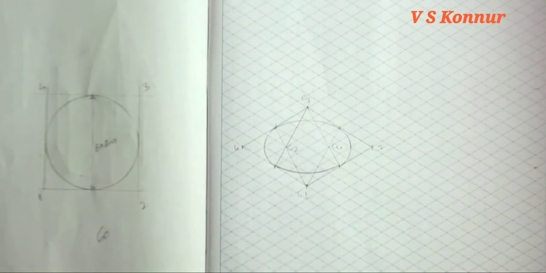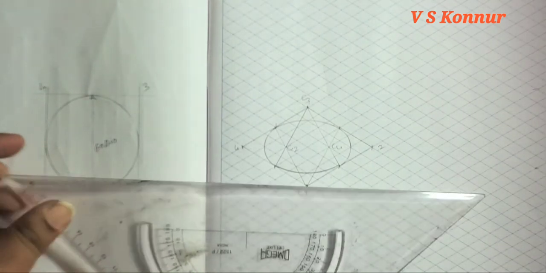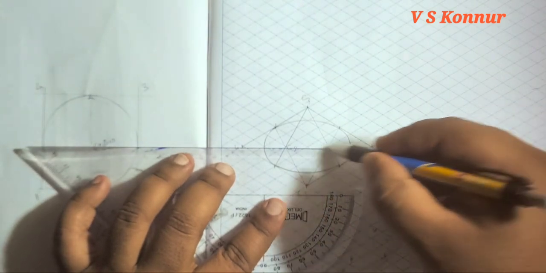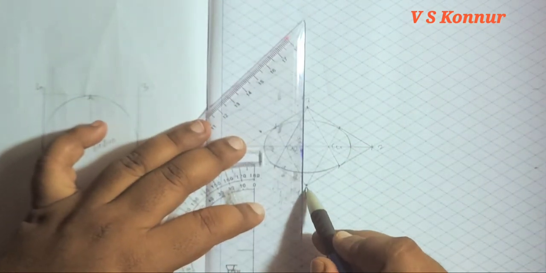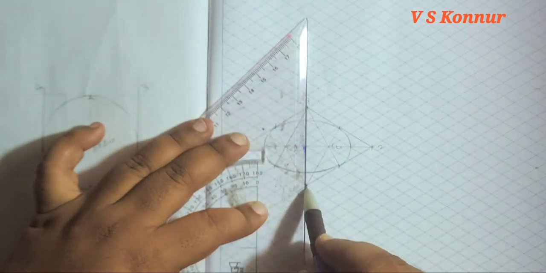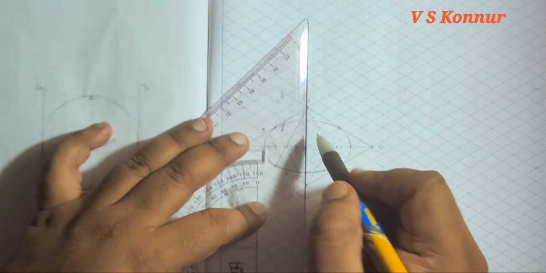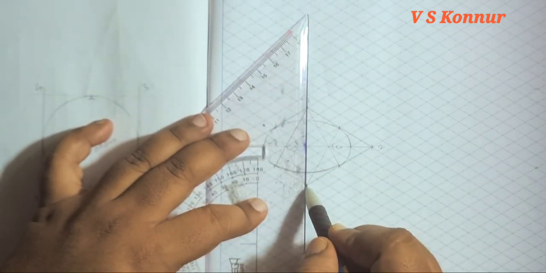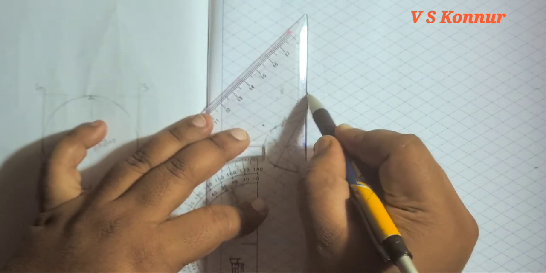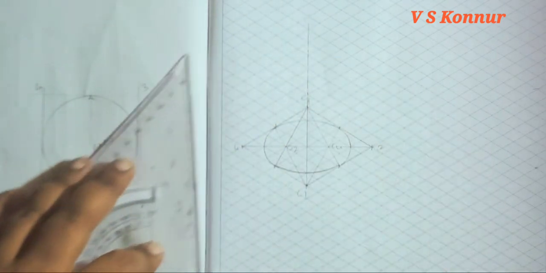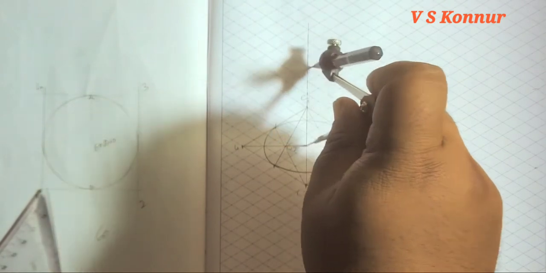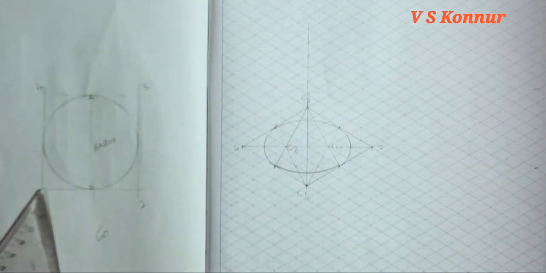And then the center will be taken by joining opposite corners. And then that 60 mm will be taken from the divider. We'll cut here. There we'll get the center.